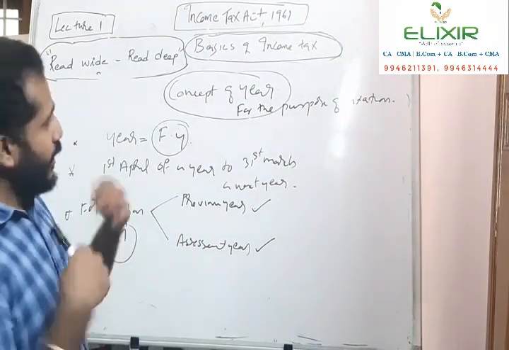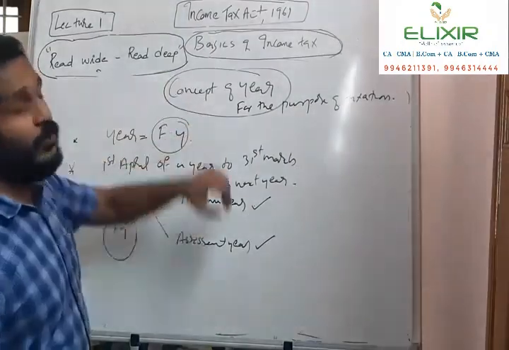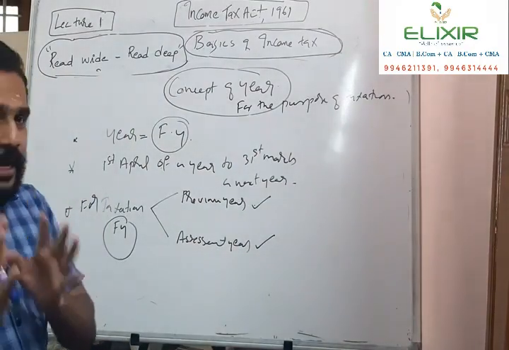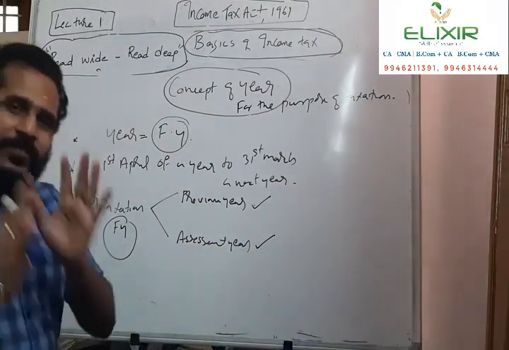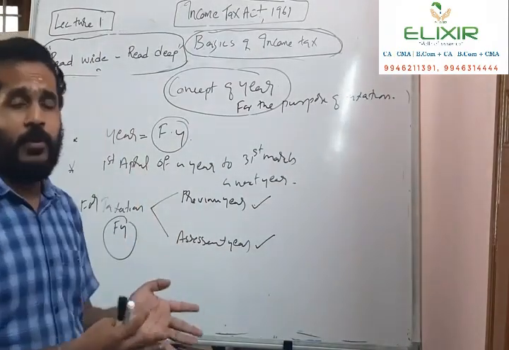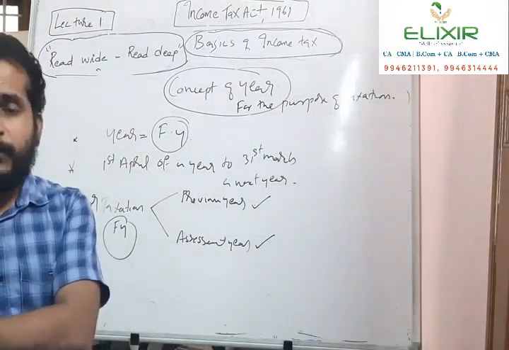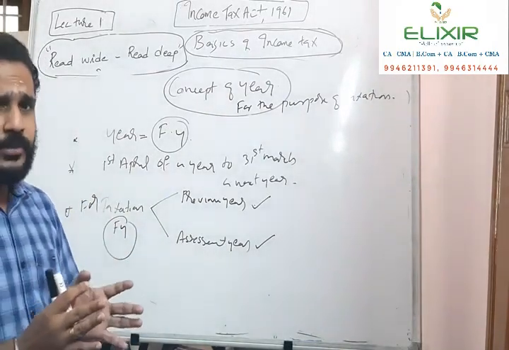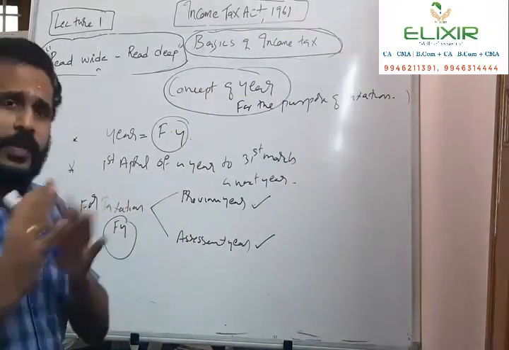I'm moving to the next preliminary topic, the concept of year for the purpose of taxation. As per the Income Tax Act, year refers to the financial year. We all know the financial year starts from 1st April of a year and ends on 31st March of the next year. So, for the purpose of income tax assessment, year refers to the financial year.